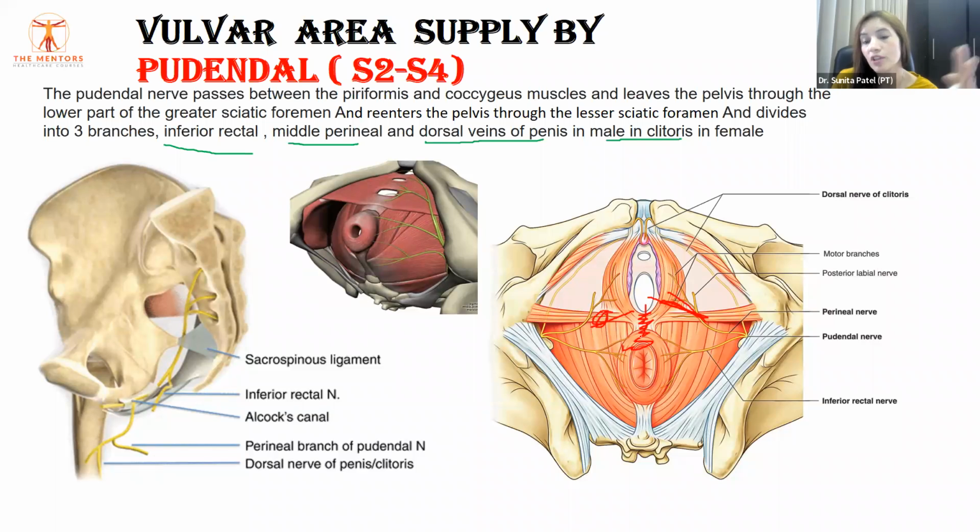So sometimes doctors create space by giving a cut, midline or mediolateral, or sometimes if the female does hard pushing, there might be tearing of all this skin. If the tearing happens, you can understand how many layers will be cut in the tear. So it will be complete pelvic floor damage around this perineal body. So Bulbospongiosus will be torn.